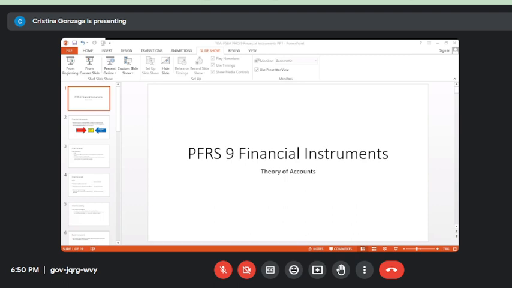Business model test. The business model is determined by the entity's key management personnel. Okay. So ano yung ibig sabihin ng business model test? Itong business model test refers to how the entity manages its financial assets.